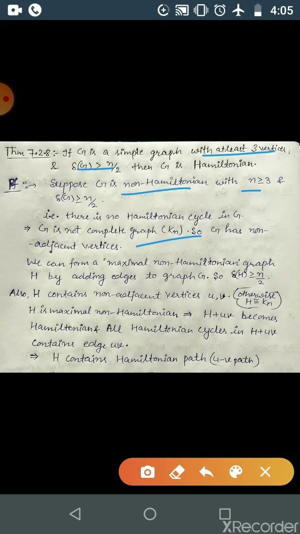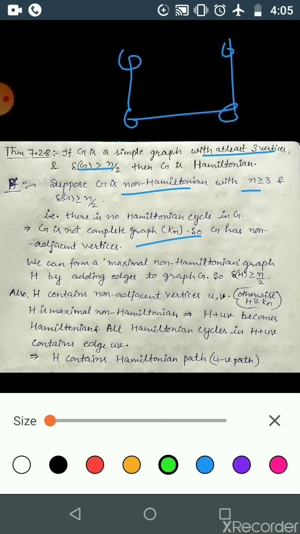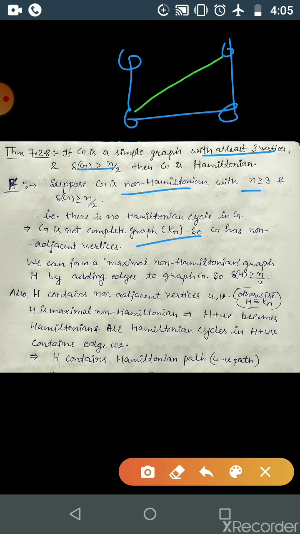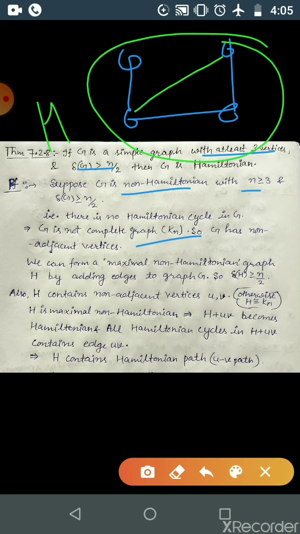For example, if you have this non-Hamiltonian graph, you can add as many edges as possible such that it remains non-Hamiltonian. If you add this one, then it's okay. If you add this one, then it becomes Hamiltonian. So we will not add many more edges. In the case of P4, we are just considering G as this graph, or you can say H is this graph.